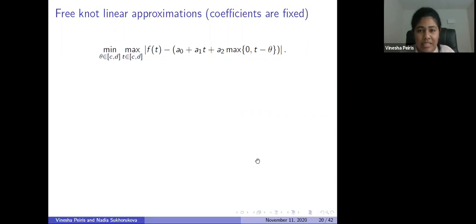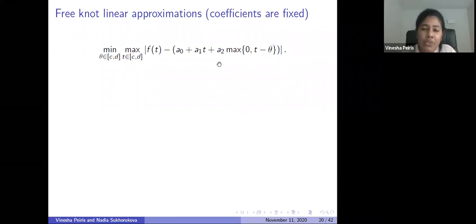But in this example, we are fixing the coefficients and optimizing the knot value. So A0, A1, and A2 are the coefficients and they are fixed. And theta is our only variable and it is subject to optimization.